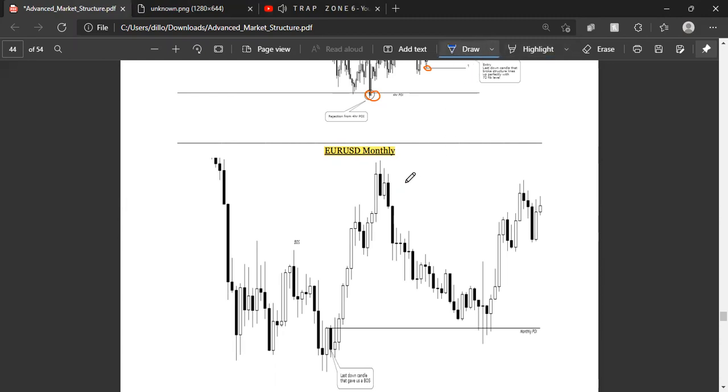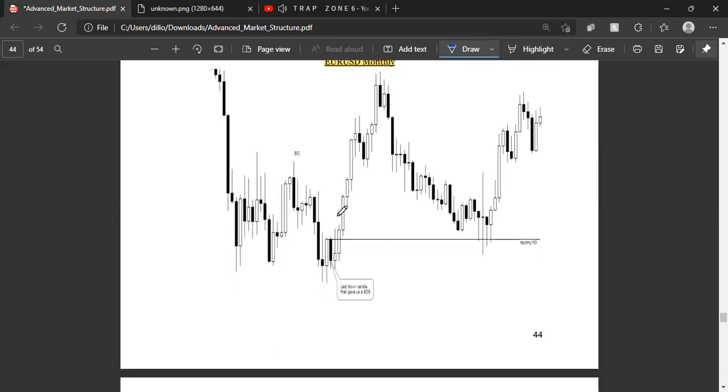So we look at this, right? If we don't see anything to the right here, what do we see? Well, here's a high, here's a low, here's a high, and here's a low.